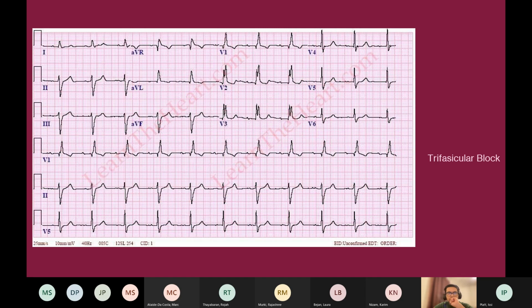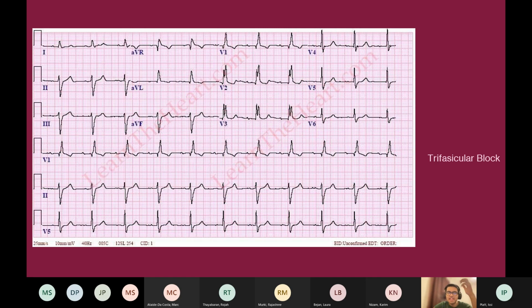Now, in terms of hemiblock, whether it's anterior fascicle or posterior fascicle, I think anterior fascicle is left axis deviation of minus 45 degrees, and posterior hemiblock is greater than 100, minus 135. But as you can tell, the specifics aren't that important.